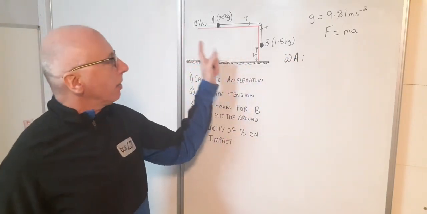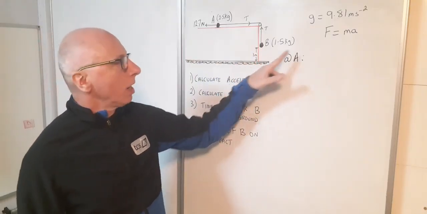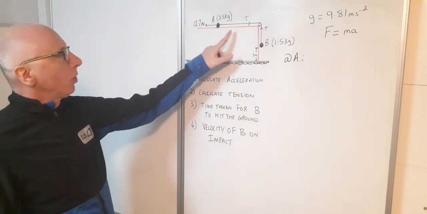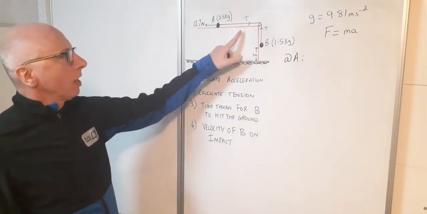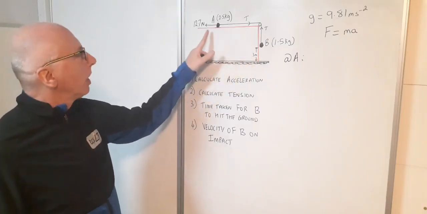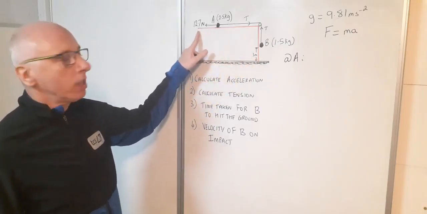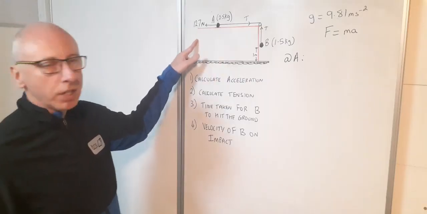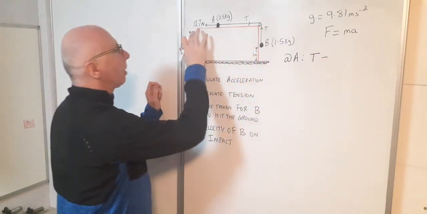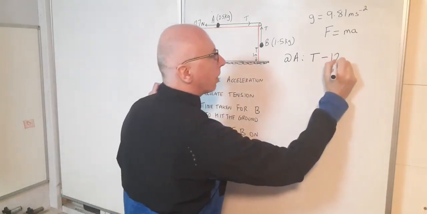Here, as this is a moving system, I'm going to use force equals mass times acceleration. So what are the forces at point A? Well, we've got the tension going in the direction of travel, and we've got the 12.7 newton resistance force going against the direction of travel. So our setup here would be tension minus the 12.7 newtons.